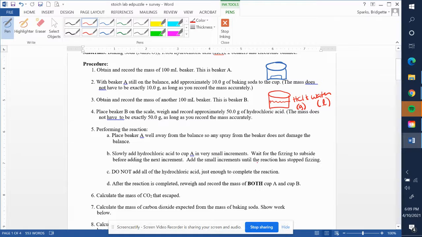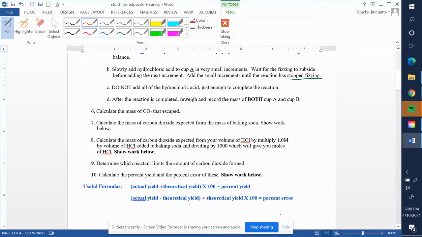And when it stopped fizzing, that's when we stopped adding acid. So the acid level will have gone down. It was at this point, and maybe you added enough so that it comes to this point. And so we use some of the acid, not all of the acid.